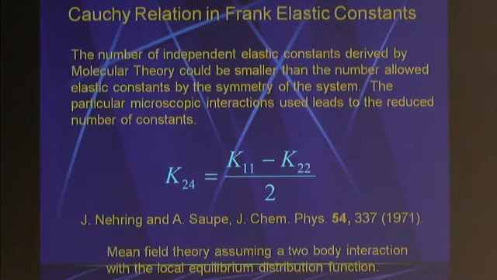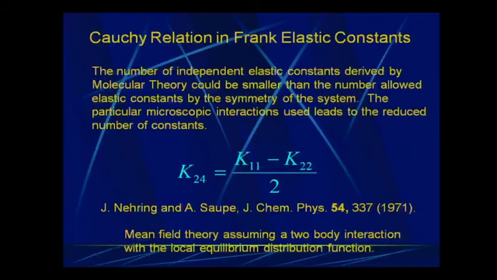And this is the Cauchy relationship that is found at this level of expression. And that comes from the symmetry relationship among the matrix elements. The assumption we use is that locally, even in a deformed nematic state, the local distribution is the equilibrium distribution.